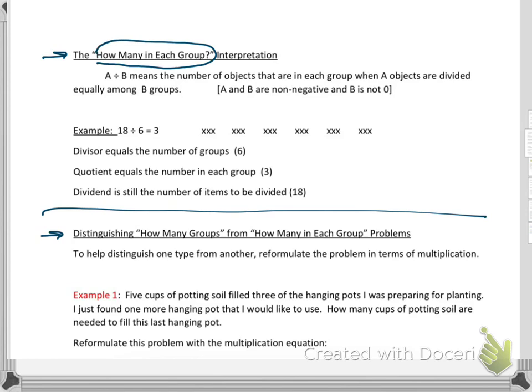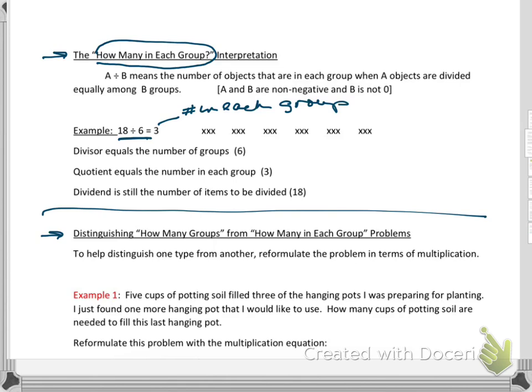Notice it's the exact same equation, so we're using the exact same thing to mean something different. They're going to give you a word problem and ask which of these applications we're talking about: how many in each group or how many groups. In this situation, 18 divided by 6 equals 3. A divided by B means the number of objects in each group. So your answer is the number in each group.